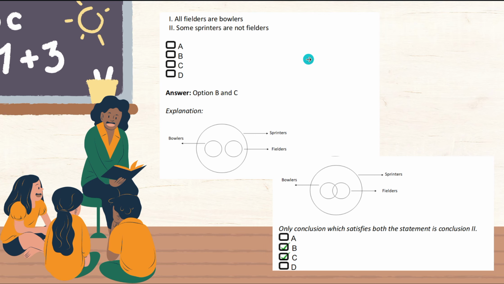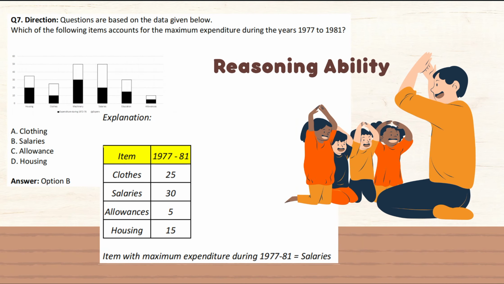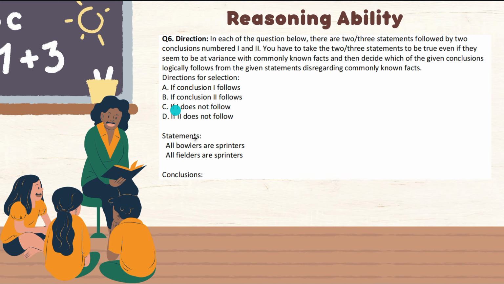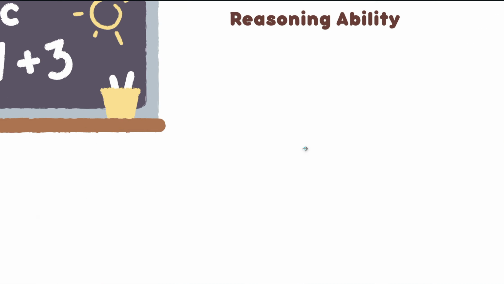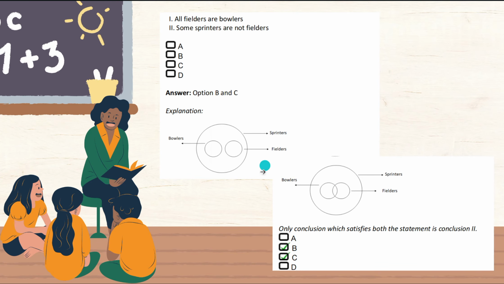What is to be done here? See, all bowlers are sprinters, and all fielders are sprinters. That means bowlers and fielders are sprinters. These are the statements. This might be the diagram, or this can also be a diagram.